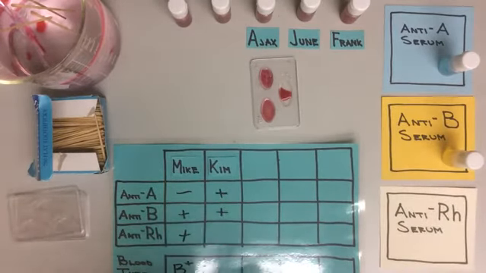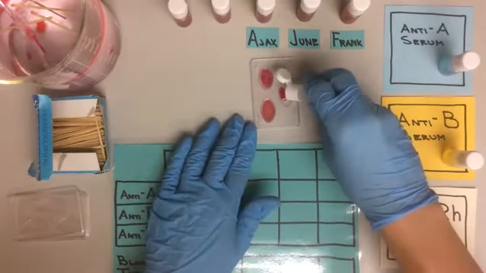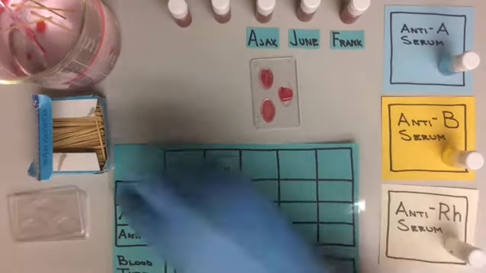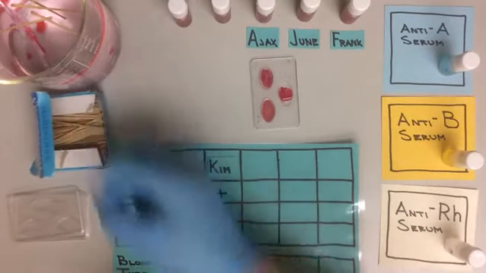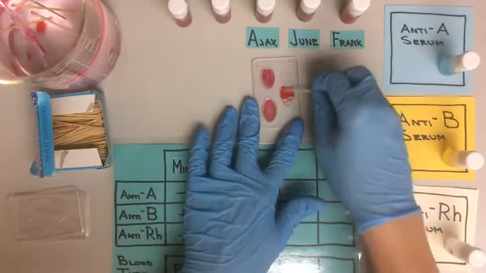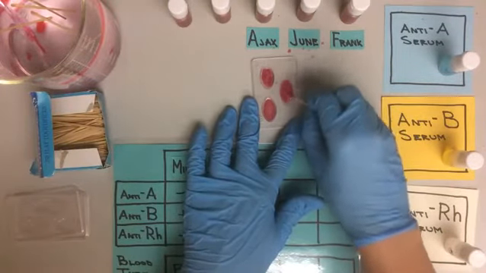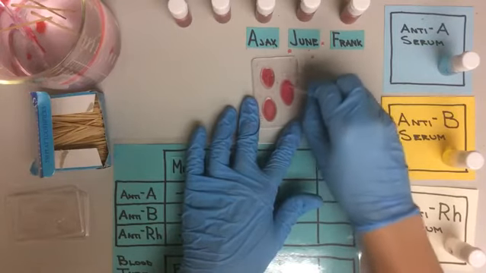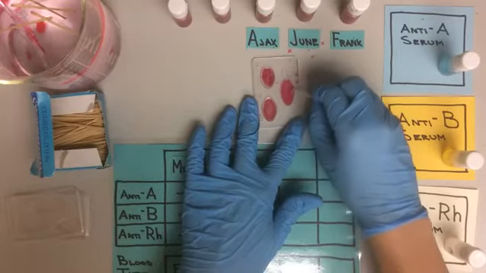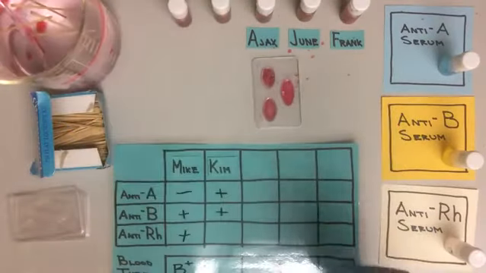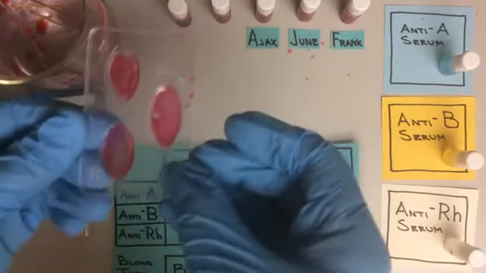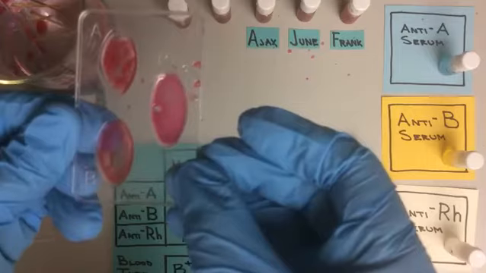Finally, our anti-Rh. Again, agglutination has occurred.